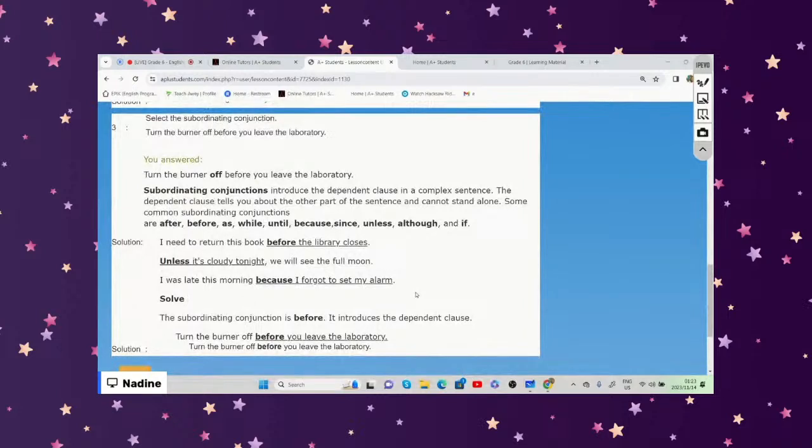Turn the burner off before you leave the laboratory. So we need to select the subordinating conjunction as well as the dependent clause.